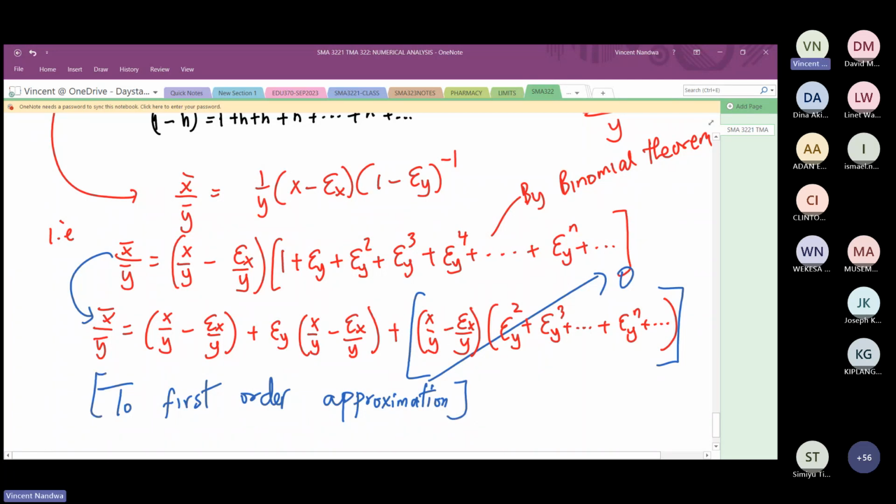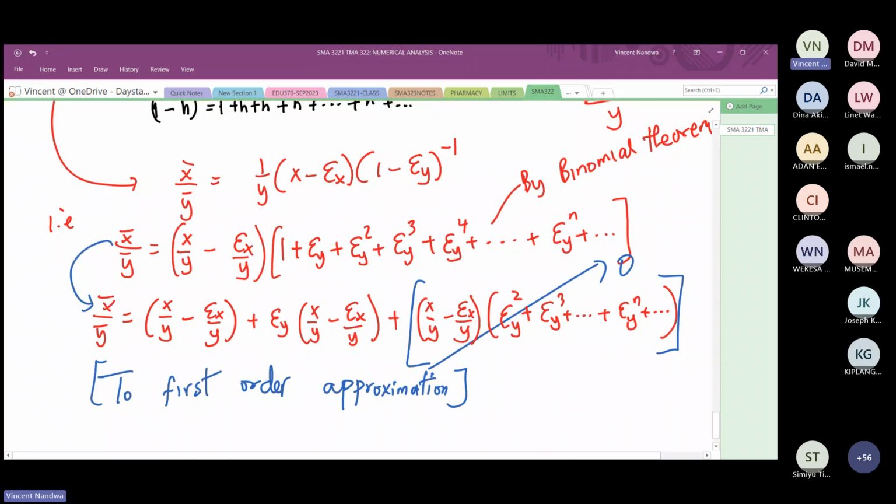Remember, to first order approximation, we assume that all the products of error terms and higher powers of the error terms, meaning powers 2, 3, 4, etc., will be assumed to be 0.